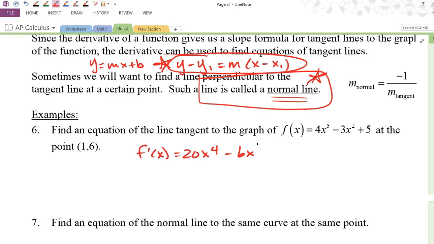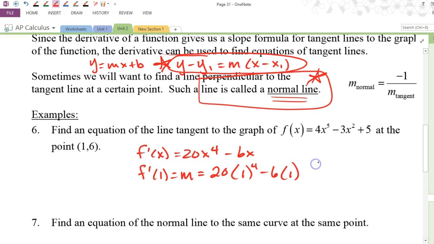I only need the x value to find the slope. So I'm going to say f'(1), which by the way is the slope. I'm going to use the letter m to represent my slope. I'm going to plug that into the x and then simplify that. So I get 20 minus 6, which is 14.